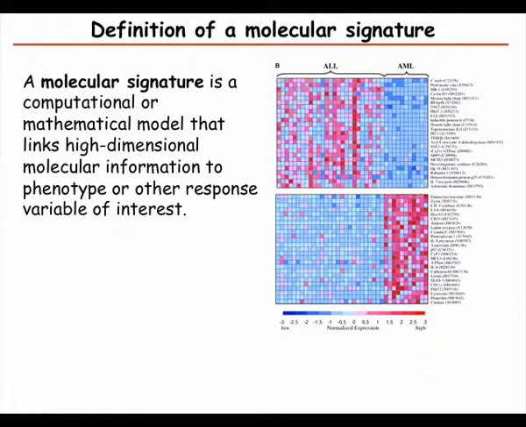And as we discussed last time, if we look at it unbiased and just try to find signatures out of this enormous number of measurements, we run into the problem that we do many tests. So we need to do correction for multiple testing. So it's not always an advantage to have just an unbiased sampling of as many things as possible. If we can use our knowledge to focus in on a few genes, that can be much more fruitful. But then, of course, we have to select the right ones to focus on.